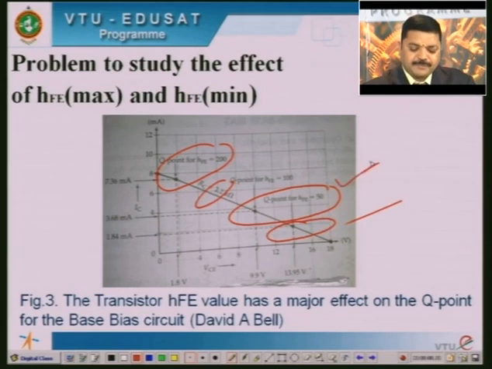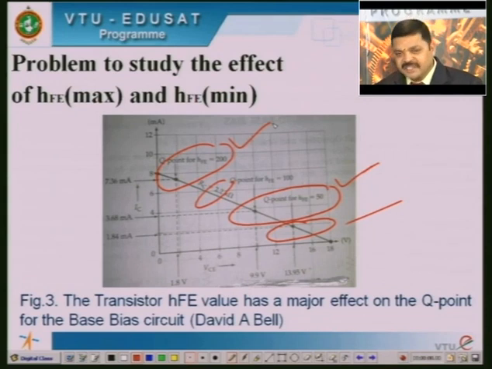These are the 3 points. Now, if we see this graph, the transistor HFE value has a major effect on the Q point for the base bias circuit. There is an uncertainty in the operating point.